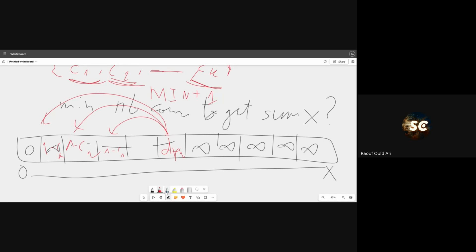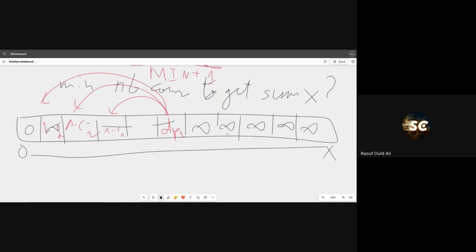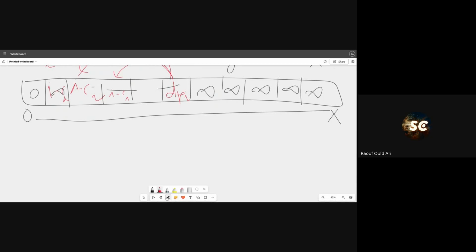So here the algorithm is very basic. So we have dp, which at the beginning is filled with zeros and infinities of length x.